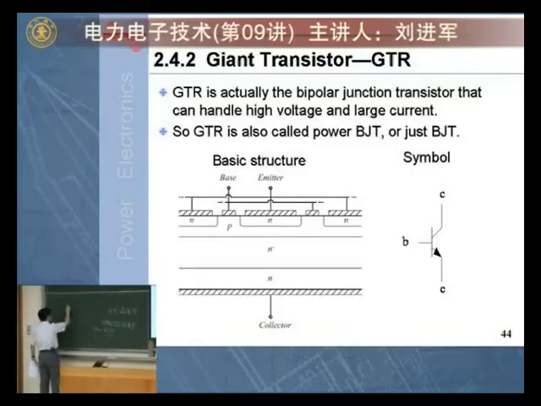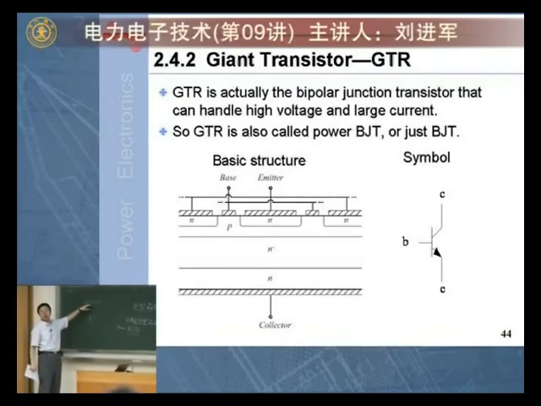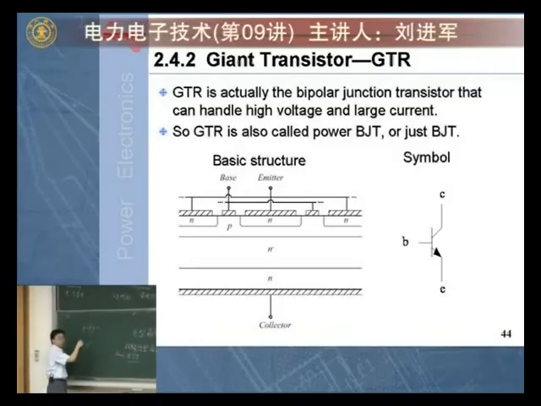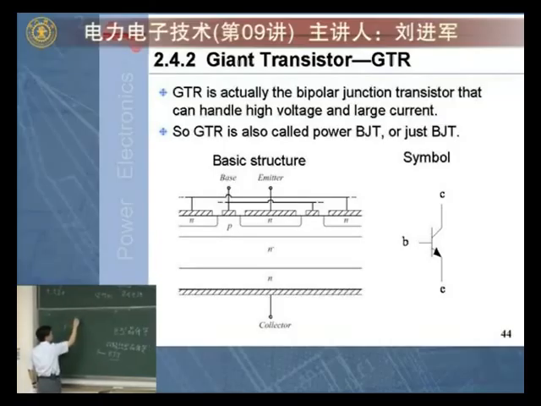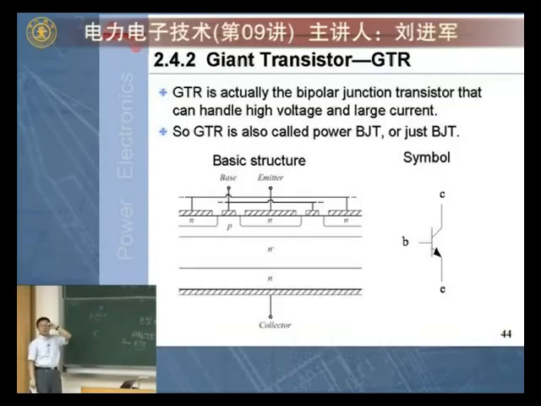Remember, for a power diode, there is a PIN structure. It's not just an ordinary PN junction. There is a third layer. I means intrinsic. That means you insert an N minus layer for a power diode.